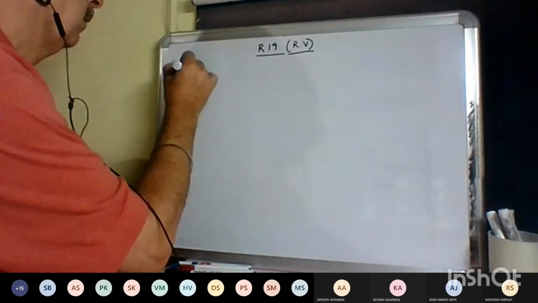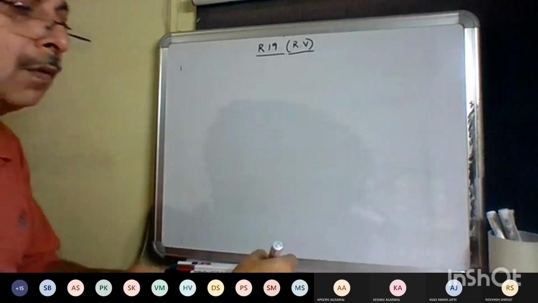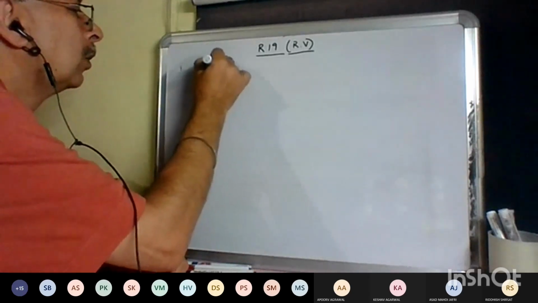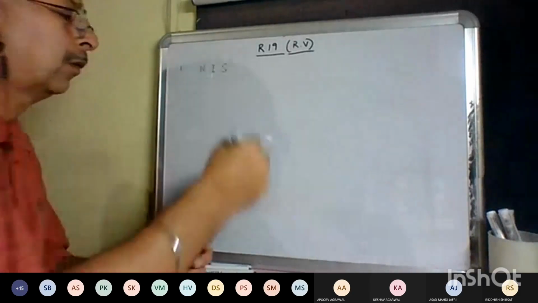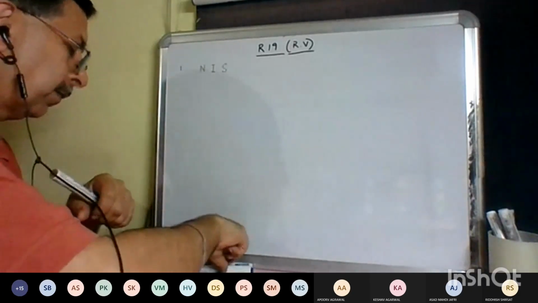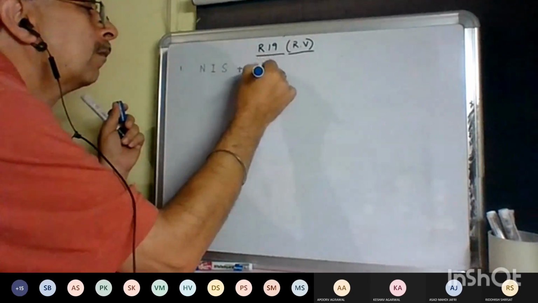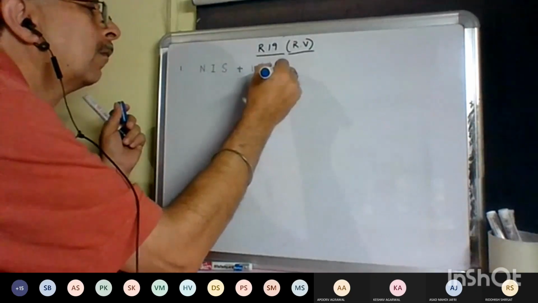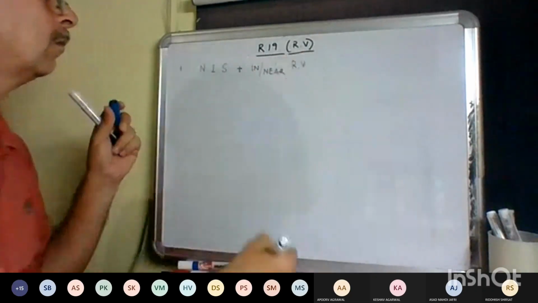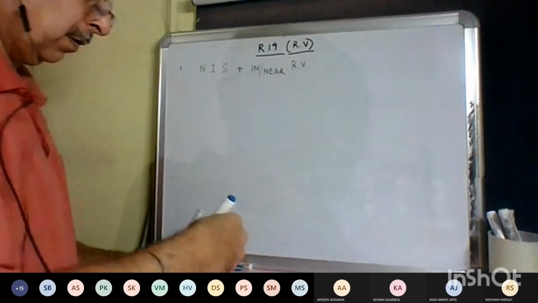So what does that mean? Not in sight, and in or near an area. Not in sight, in or near RV.